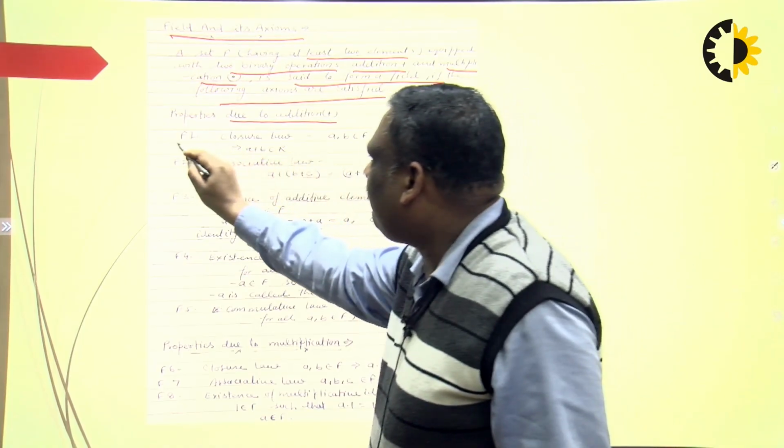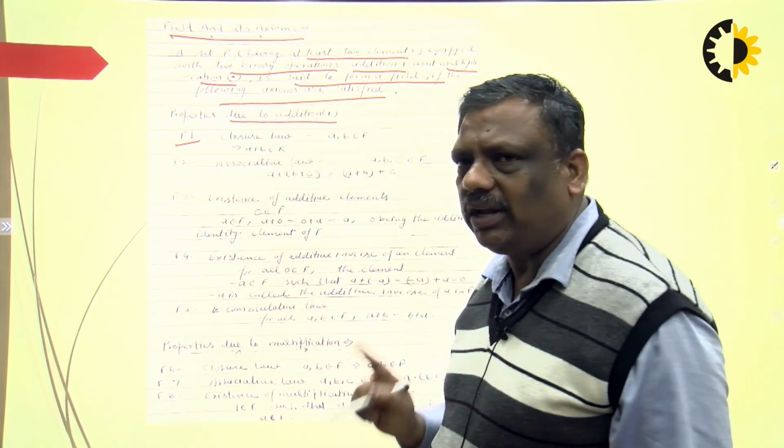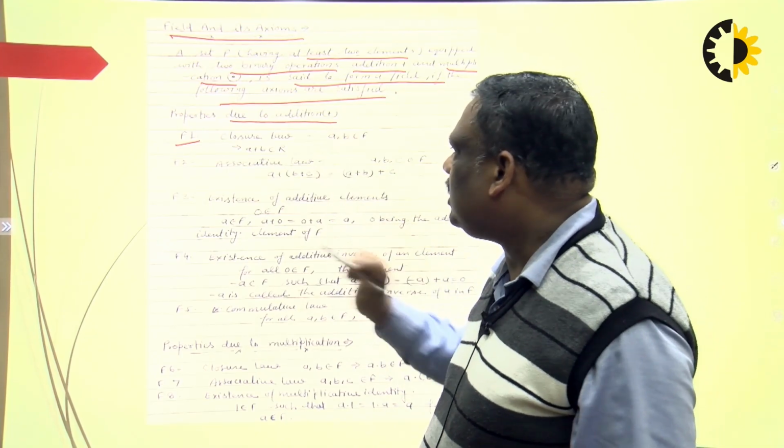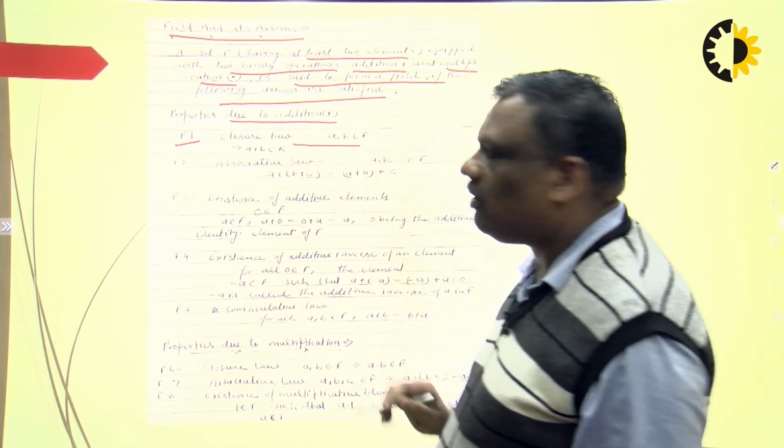So F1, that means the first property with respect to addition, is the closure law.